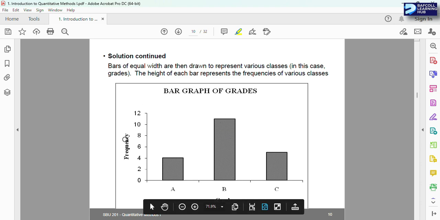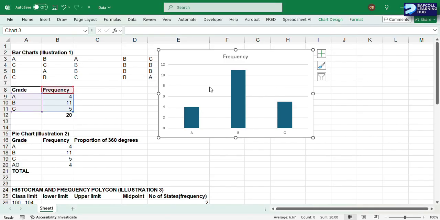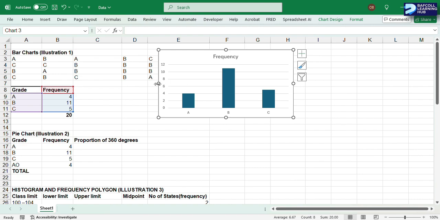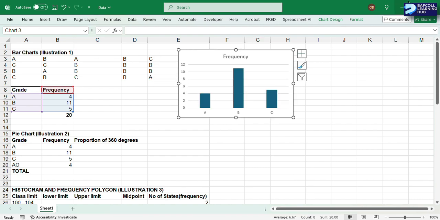Just from this bar chart, we can make an informed decision that the highest grade coming from the 20 courses is B, with 11 B's. Then the next one is the 4 A's followed by the 5 C's. So that's it with how to present data in a bar chart in Excel.